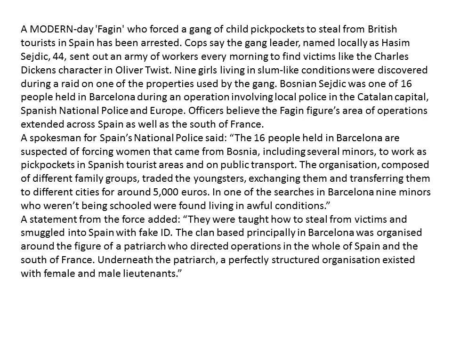A statement from the force added, "They were taught how to steal from victims and smuggled into Spain with fake ID. The clan, based principally in Barcelona, was organised around the figure of a patriarch who directed operations in the whole of Spain and the south of France. Underneath the patriarch, a perfectly structured organisation existed with female and male lieutenants."